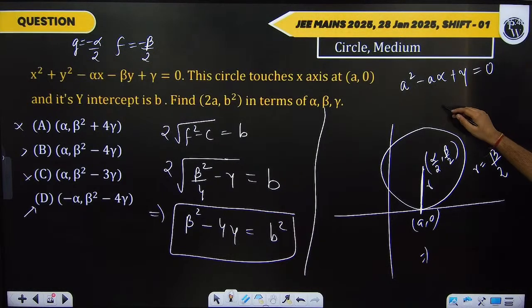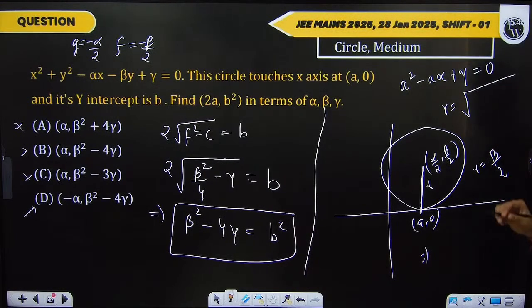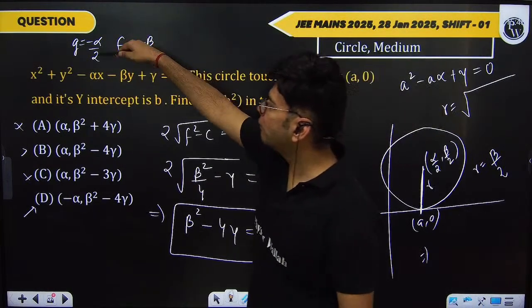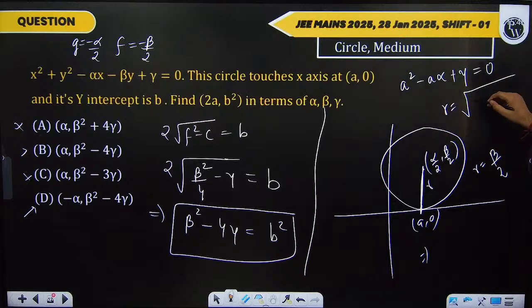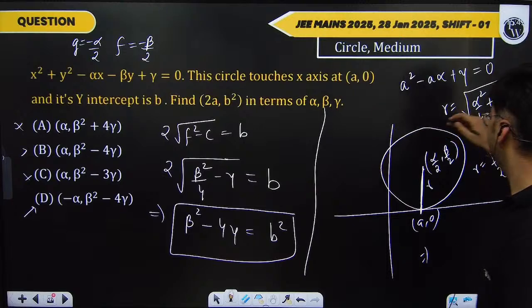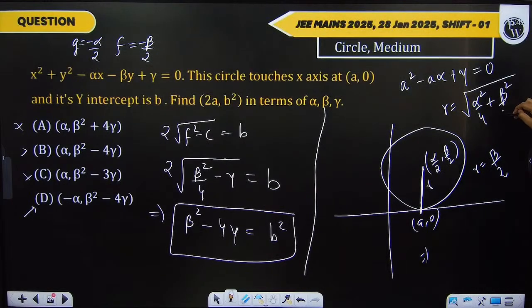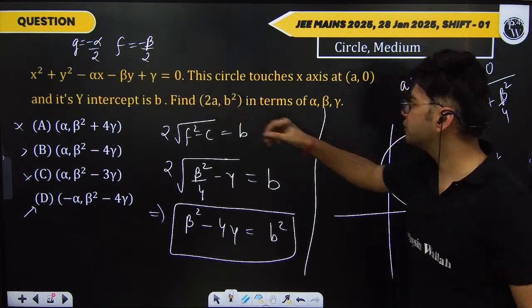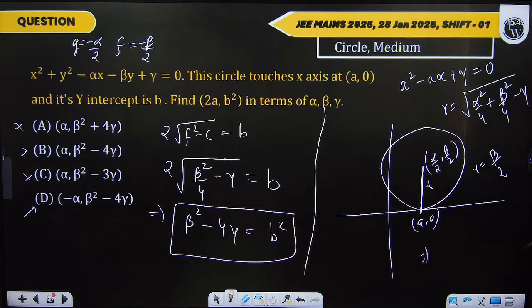Also, radius can be written as under root of g square plus f square minus c. So what you can write is alpha square by 4 plus beta square by 4 minus c, which is minus gamma, and this thing is given equal to beta by 2.